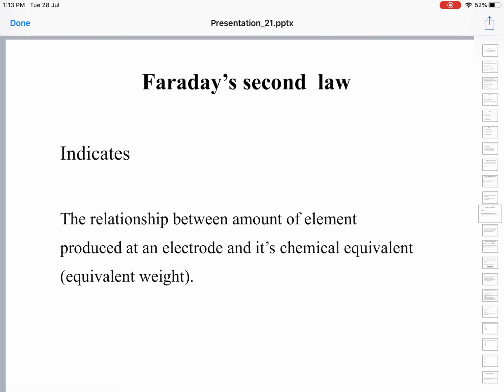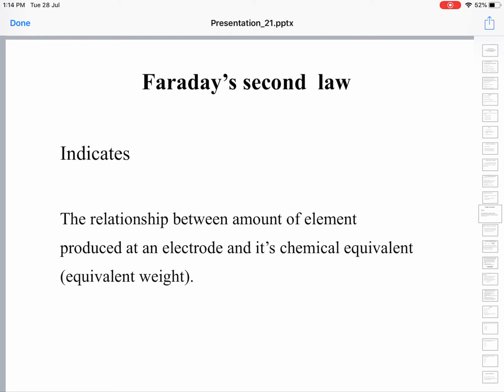But Faraday also conducted lots of experiments, as I told you. He wanted to see the amount of substance is directly proportional to quantity of electricity passed. So far so good, he said. But what will happen if I pass the same quantity of electricity through different electrolytes connected in series? Connecting in series allows passage of the same quantity of electricity.